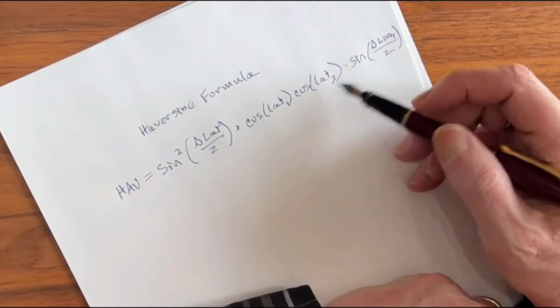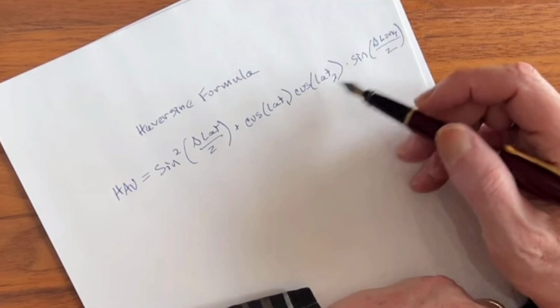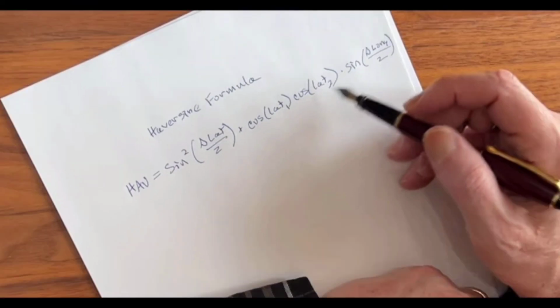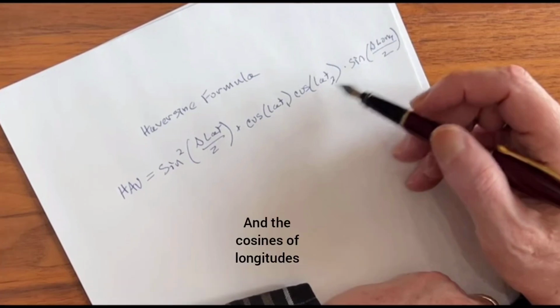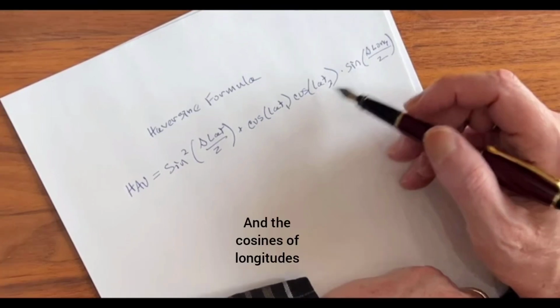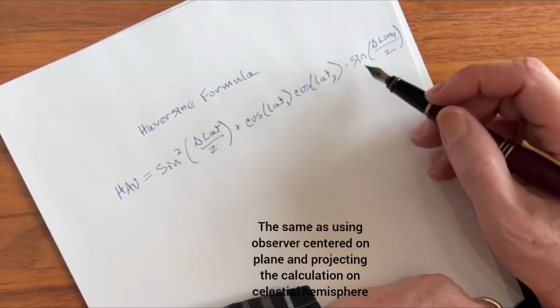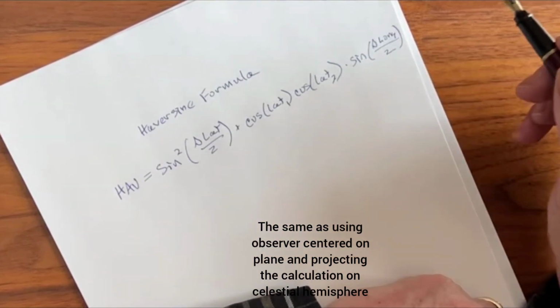So there's your proof that he is doing these calculations from a plane and projecting the calculations up onto a hemisphere, because he's using the sine of latitude 1 times the sine of latitude 2. Well, the latitudes are all calculated from the celestial equator, which is a plane, times the sine of the change of longitude over 2.